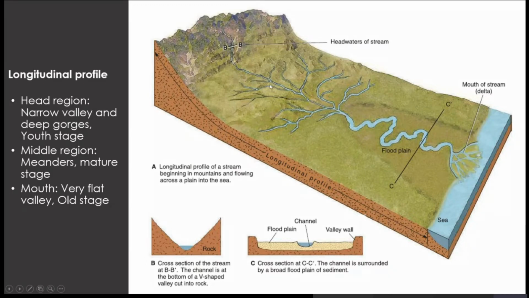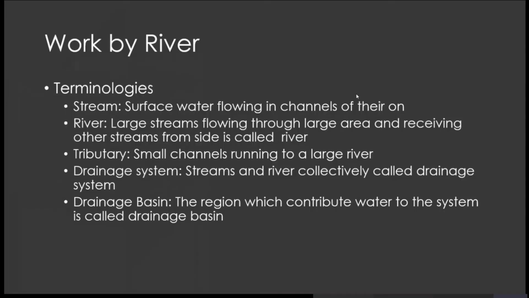The activity of a river is more dynamic in the head region, and as it goes down it becomes mature. The head region is called the youth stage, the middle region the mature stage, and the last stage, where the river is more depositional in nature, is called the old stage of the river.